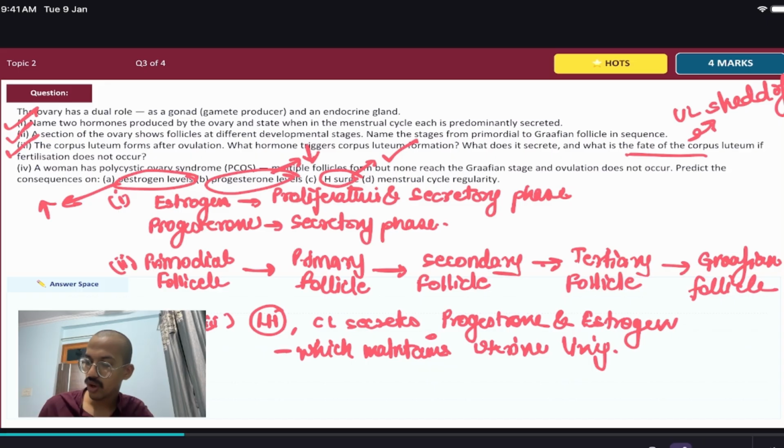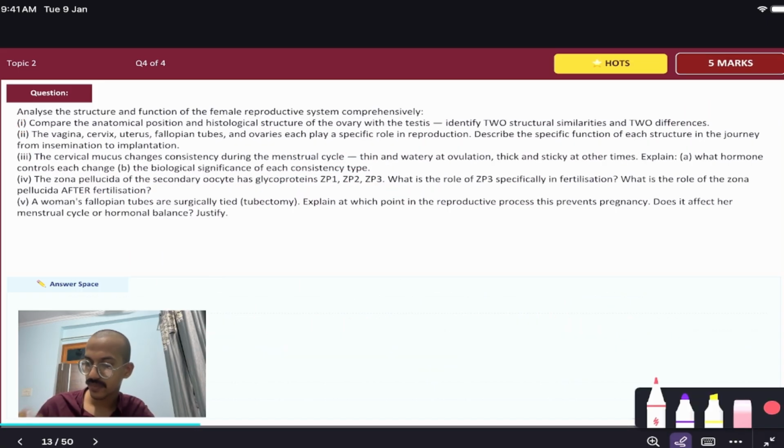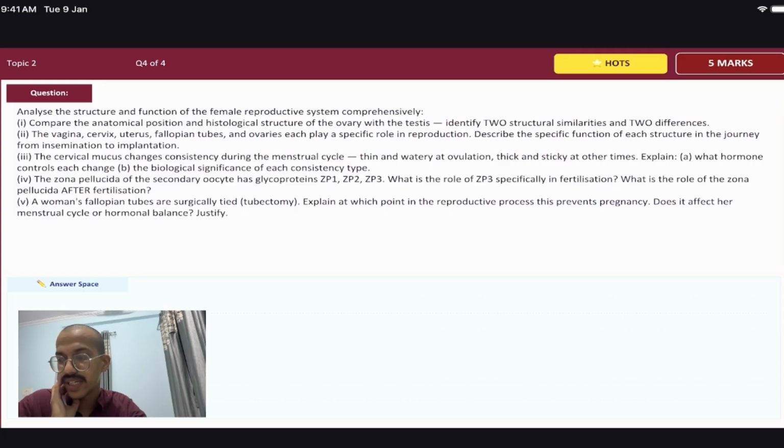Okay, moving on to the next one. Analyze the structure and function of the female reproductive system comprehensively. Compare the anatomical position and the histological structure of the ovary with the testes. Identify two structural similarities and two differences. Here they are basically comparing on the basis of the development of the testes and the ovaries.